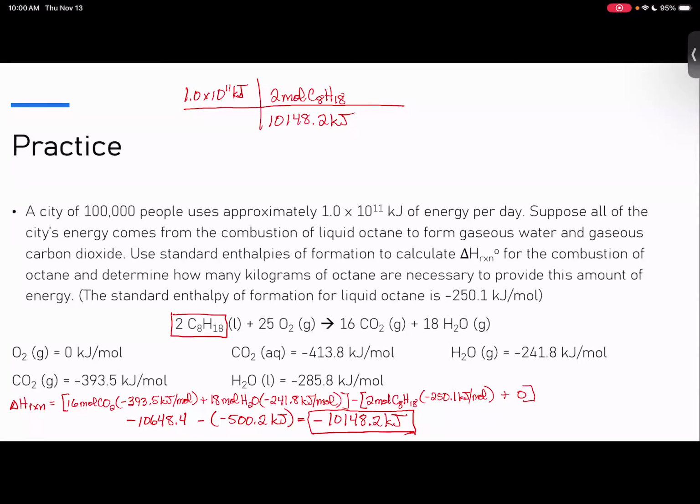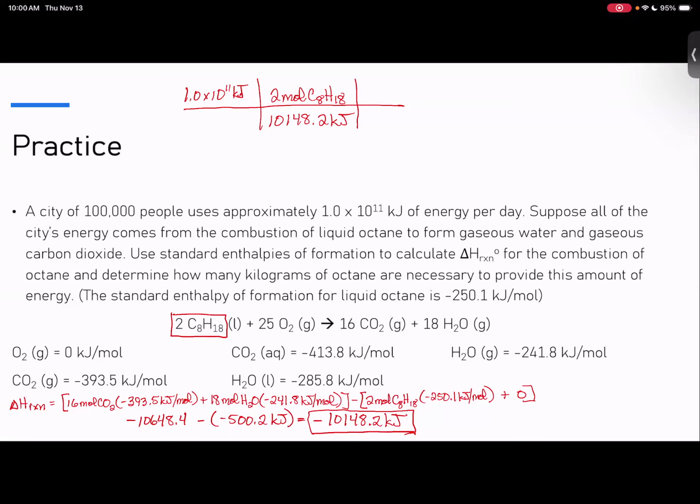The reason, because what does the negative technically mean? Heat given off. So when we're talking about it, we're talking about the same thing here because we're using approximately and it's given off.